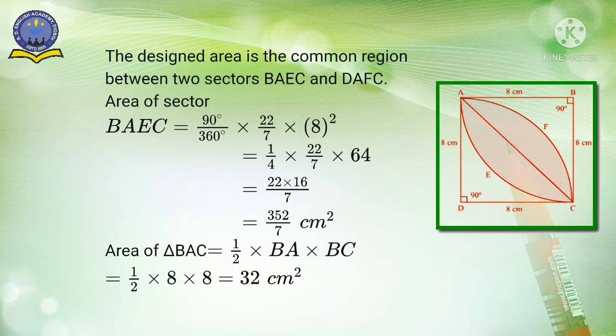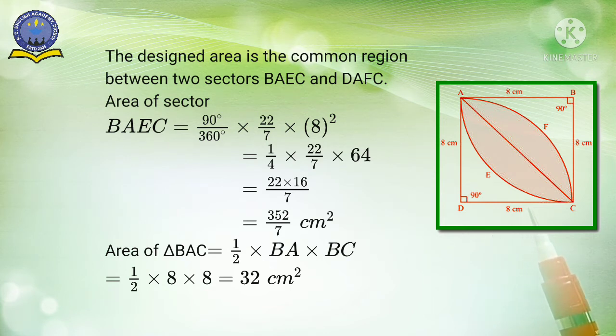So first of all we have to find the area of the sector B, A, E, C. The length AB or BC is given, which we consider as the radius, and this one is h. According to our sector formula, we write 90 by 360 into pi, meaning 22 by 7, into h square.